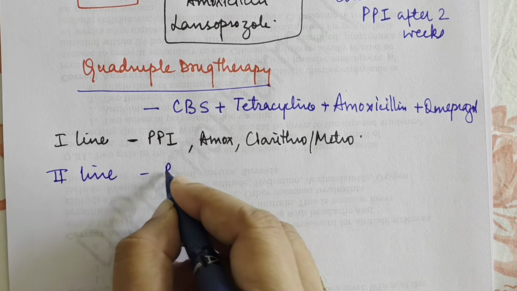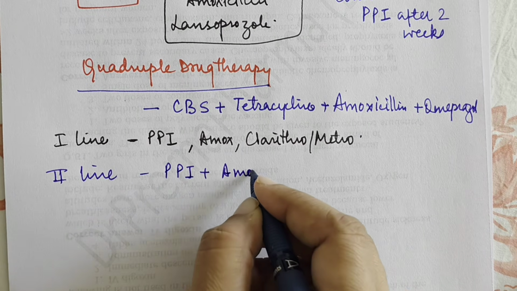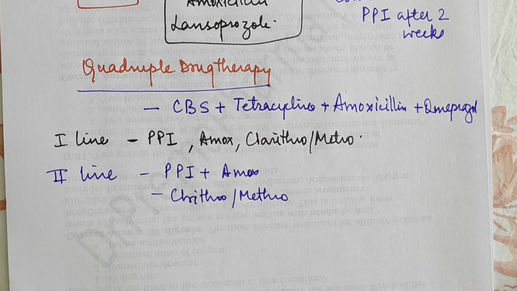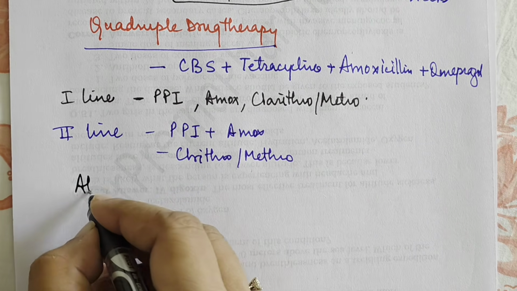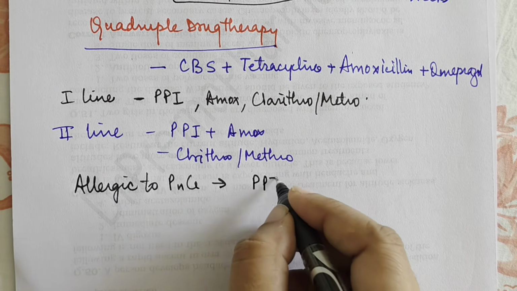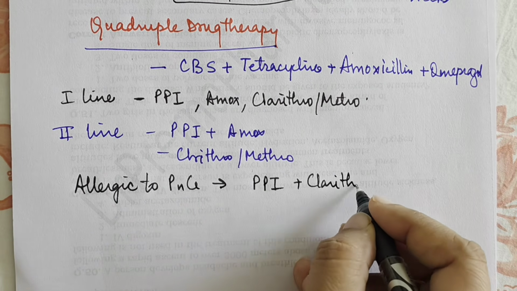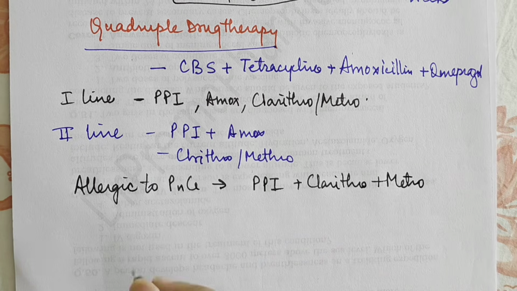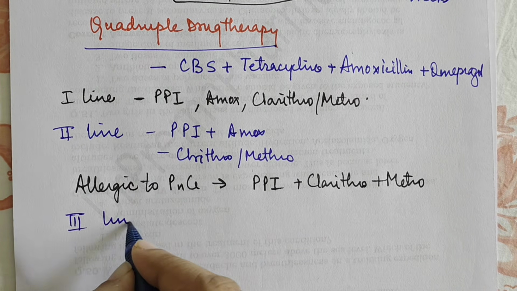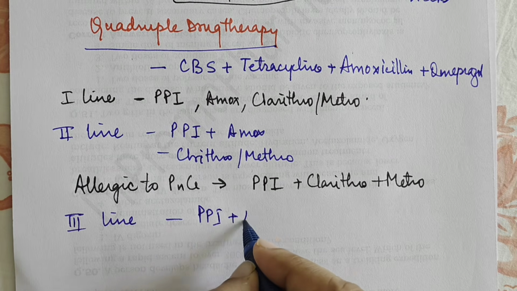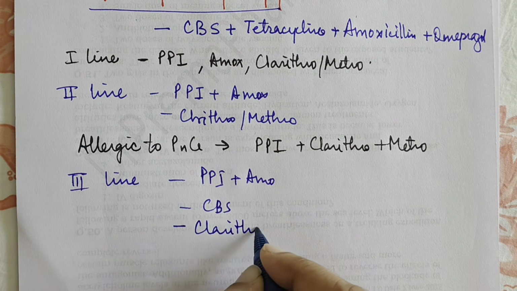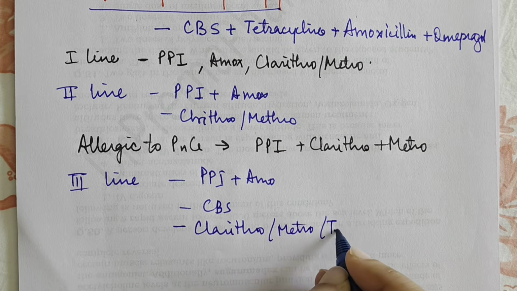Second line drugs are PPI plus amoxicillin, clarithromycin or metronidazole. Those who are allergic to penicillin G can use PPI plus clarithromycin plus metronidazole. Okay. Then third line drugs are PPI plus amoxicillin, CBS, and clarithromycin or metronidazole or tetracycline.